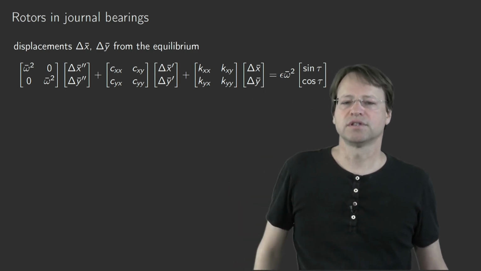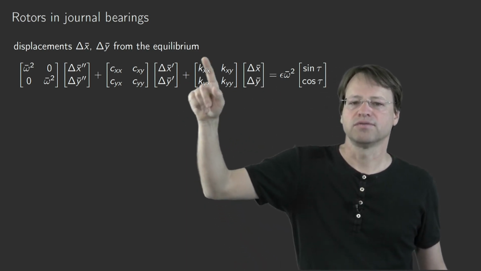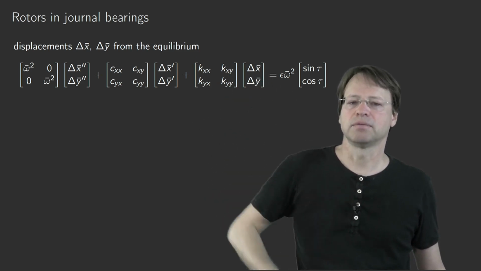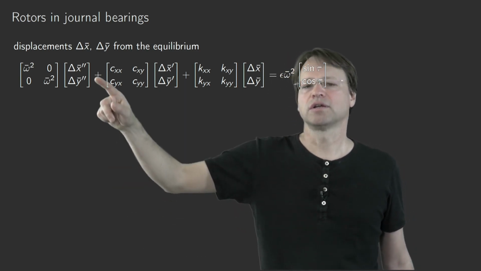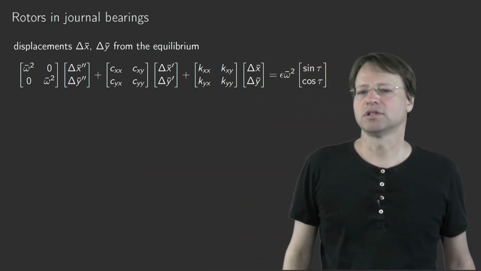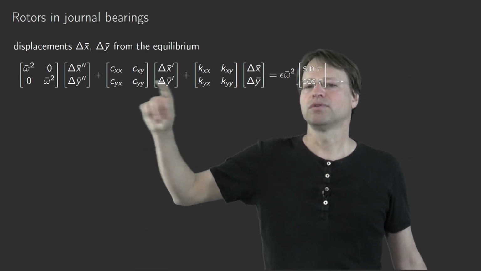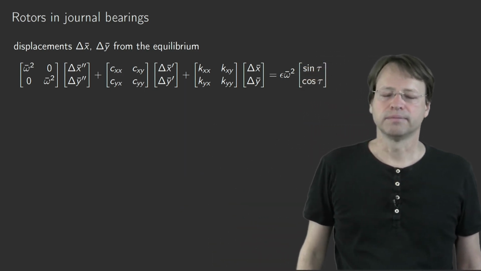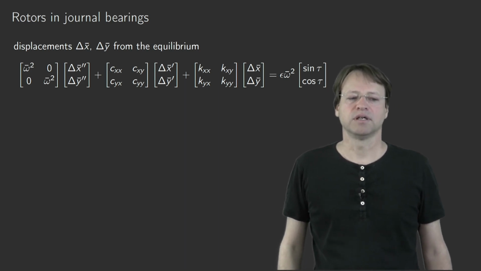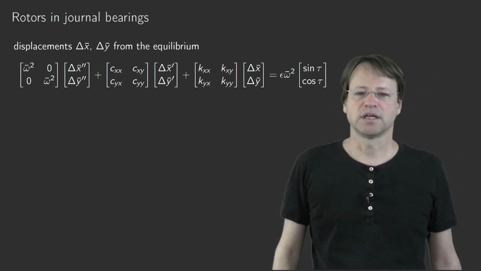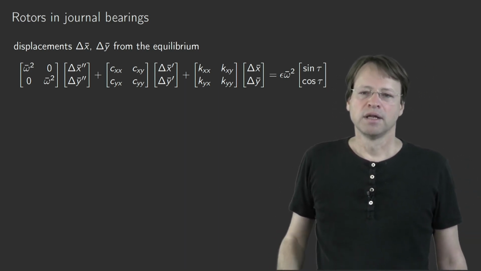For the stiffness, you consider the stiffness matrix and multiply with the displacements. And here for the inertia part, you take the second order derivative with respect to dimensionless time of delta x and delta y. And this is our right-hand side, epsilon omega bar squared sine tau and cosine tau.